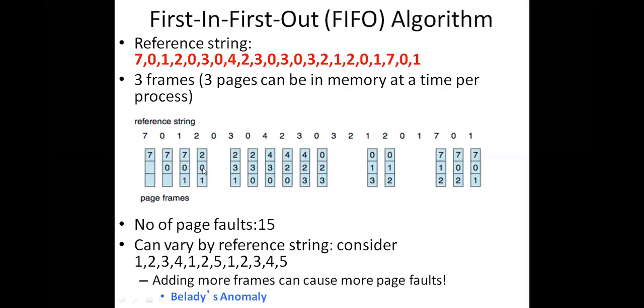So you need to select 2, 0 or 1 as a victim page. Which one came into the main memory first? Among these three, 0 came into the main memory first. That is the reason why you replace 0 with 3. That is about FIFO.